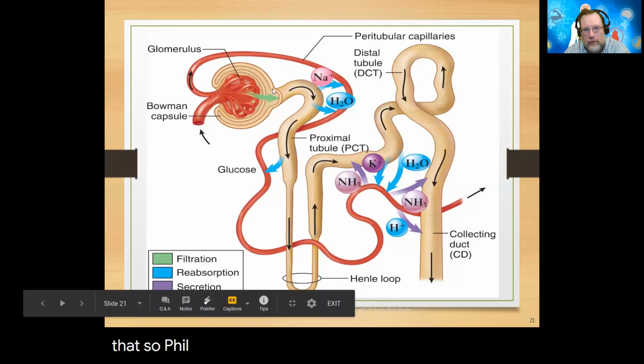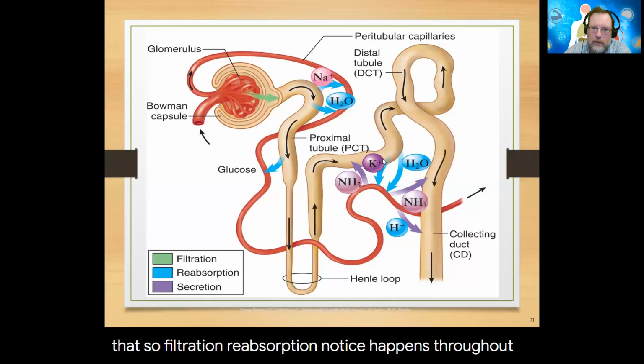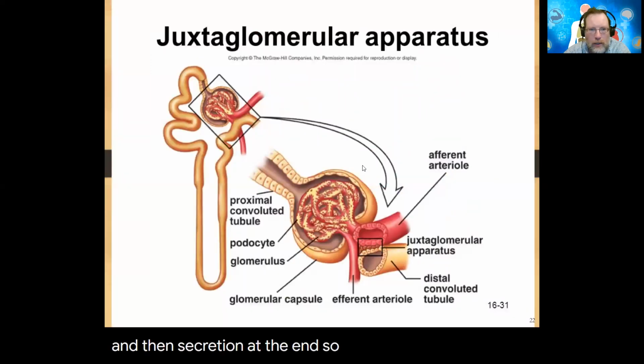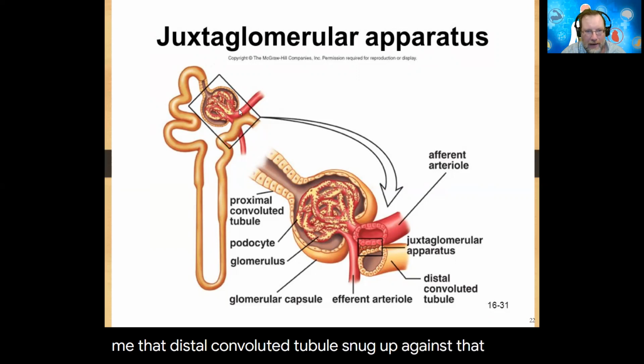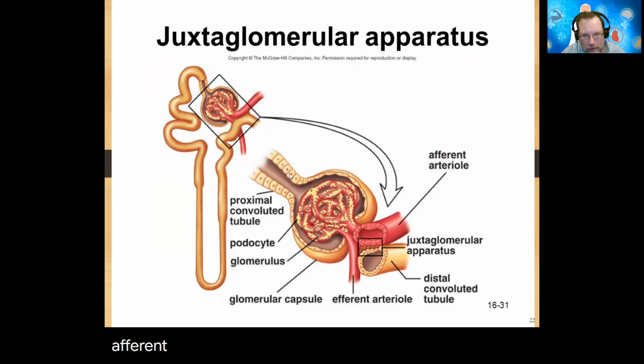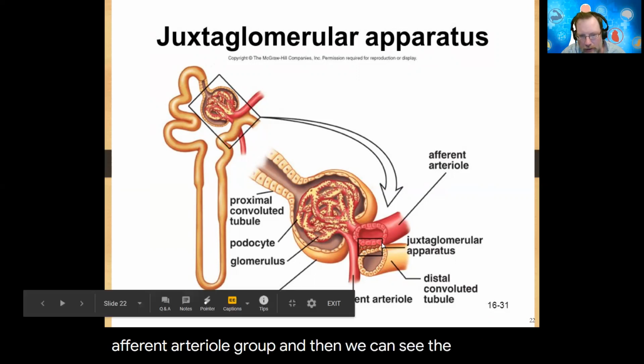So filtration and reabsorption happen throughout, and then secretion at the end. So that juxtaglomerular apparatus, again, we can see that distal convoluted tubule snug up against the afferent arteriole, and then we can see the efferent arteriole.